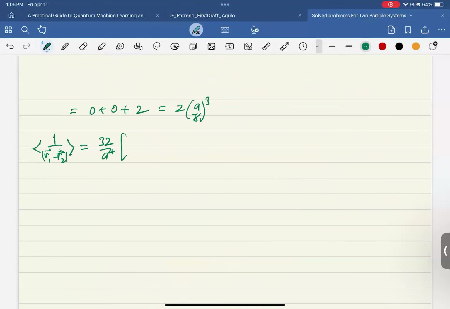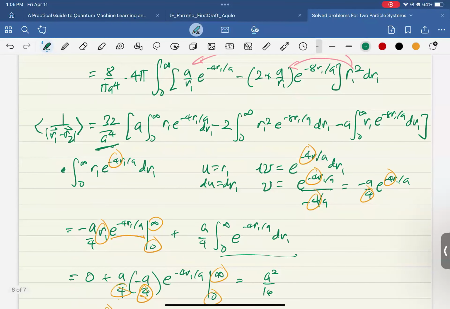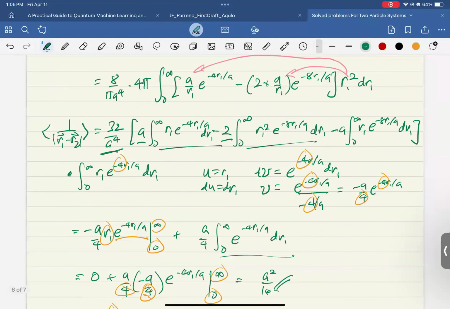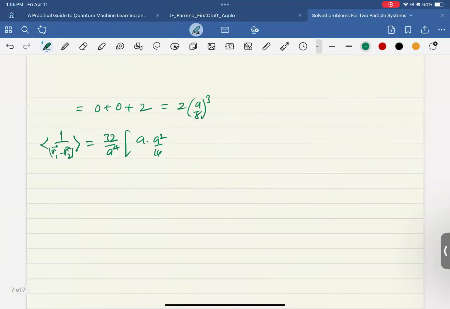Okay, tapos may coefficient tayo na a, ito ay a squared over 16. So a times a squared over 16. And then dito naman may coefficient tayo na 2. Itong integral na ito ay 2a cubed over 8. So minus 2 times 2a over 8 cubed.